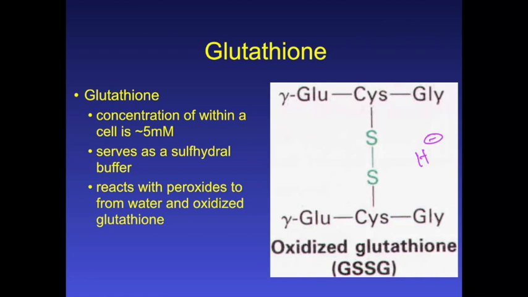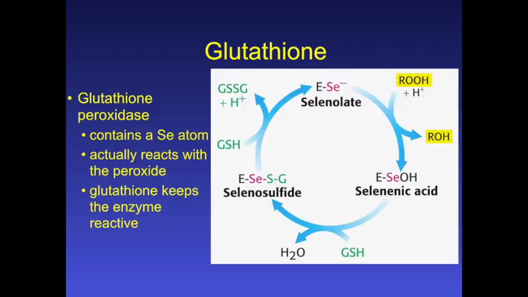This molecule is a source of hydrides to react with peroxides that are there. We talk about oxidative damage or oxidative species. It is going to protect against oxidative damage. It doesn't react with the peroxides directly, though.